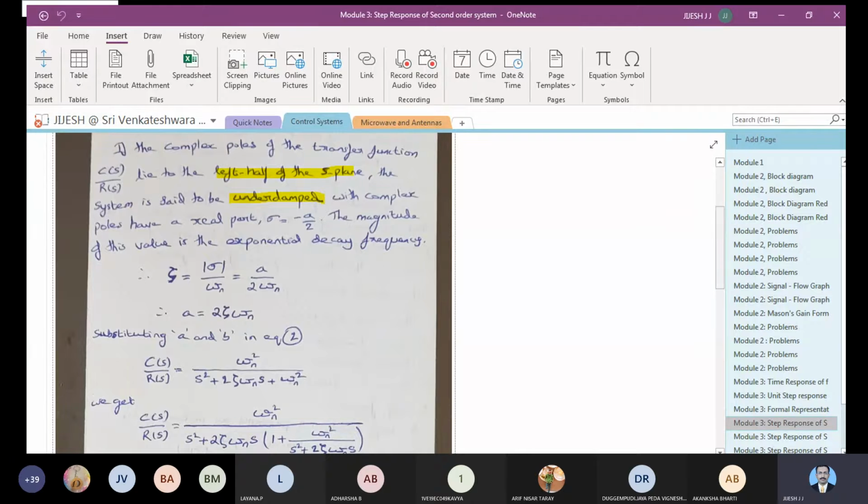What does it give you an idea of? G of s by 1 plus g of s h of s. Which feedback process is it?